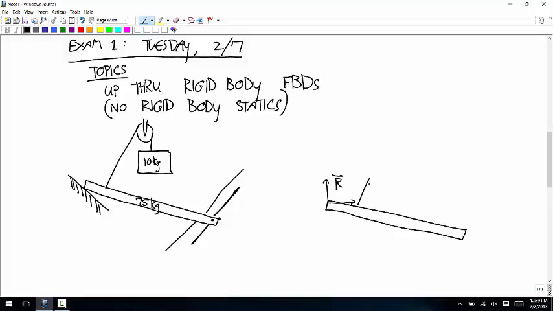You have that tension here, which would end up being 98.1. You have the weight here, 75 times 9.81 is, I feel like I know that one, 735.